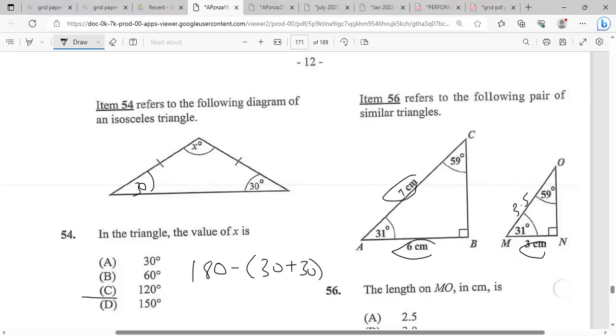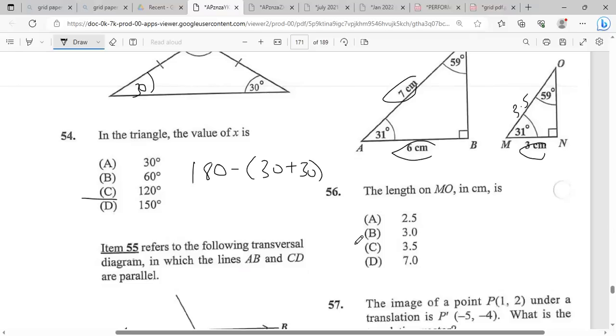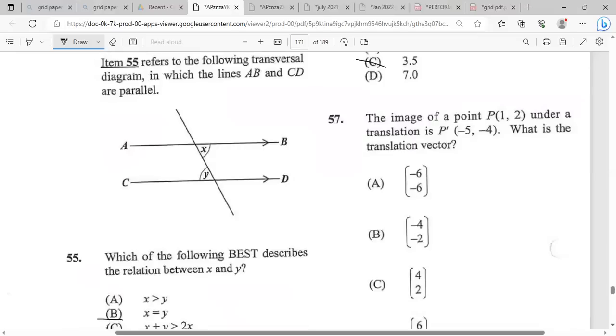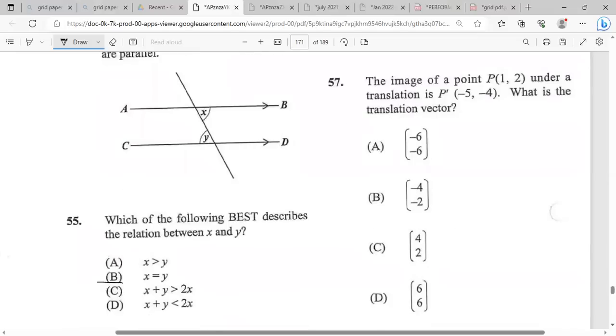Just 4 more to go, guys. Technically, I've got 4 more here: 57, 58, 59, 60. The translation, the image of a point P(1, 2) under translation. What is the translation? So basically, P is this (1, 2), and then this now plus a translation.